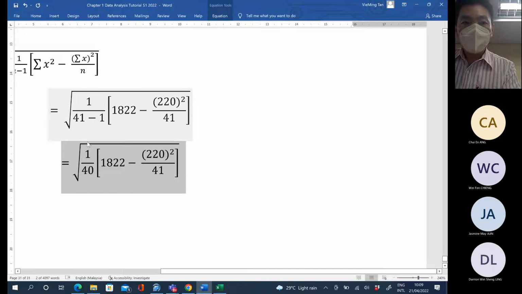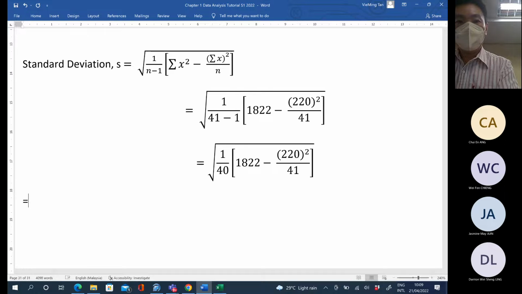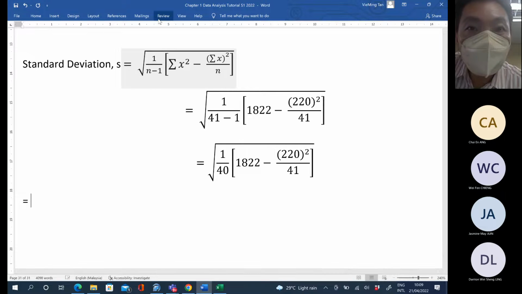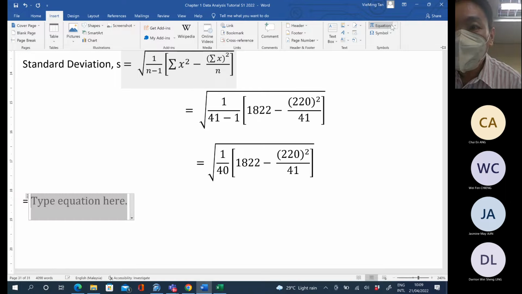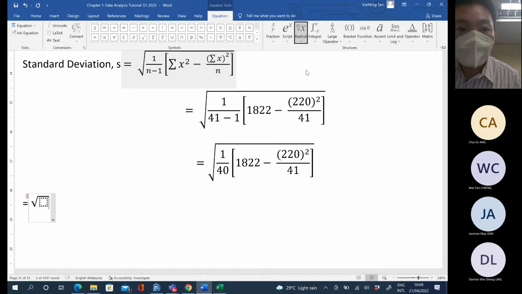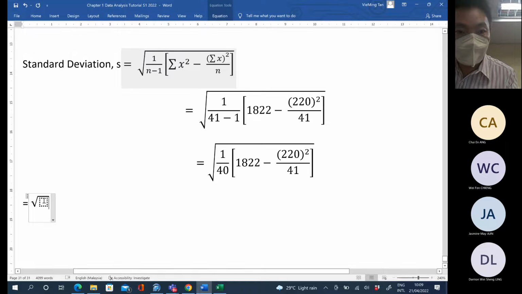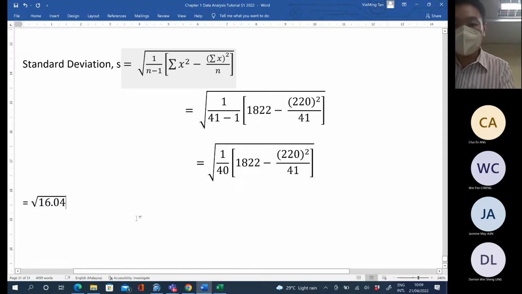This part, the whole thing here is 16.04. Okay, I insert the square root again. Square root the whole thing.